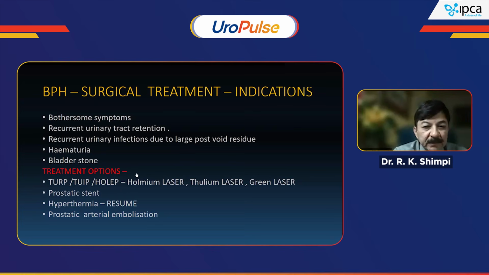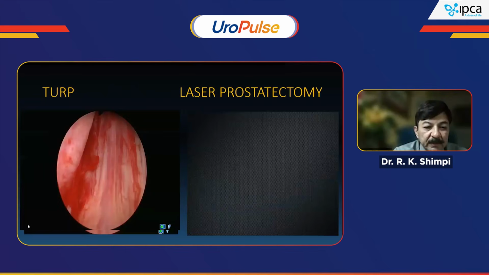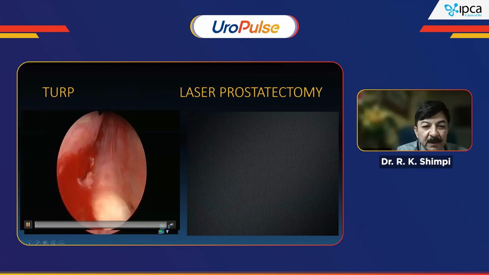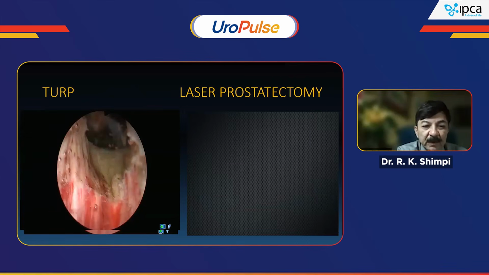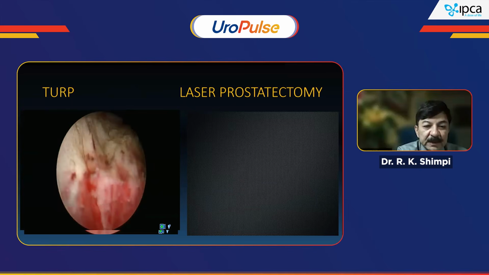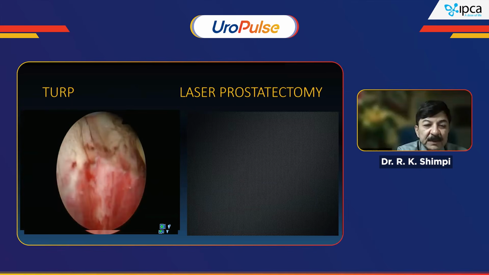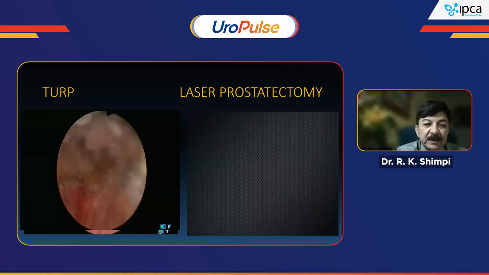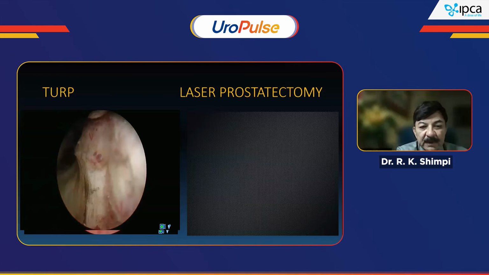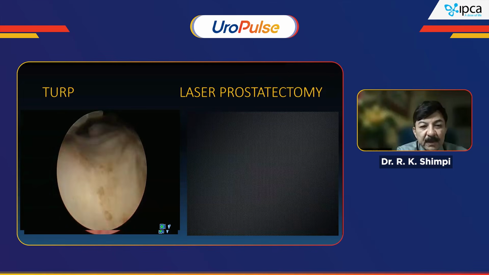This is how we do the transurethral resection of the prostate. Now this is the median lobe, these are the lateral lobes, this is the cutting loop. With the help of the cutting loop, which is activated by a foot switch, we cut the prostate into small pieces, and these pieces are later on removed through the same endoscope. And this gives almost 90% good results, and it has stood the test of time.